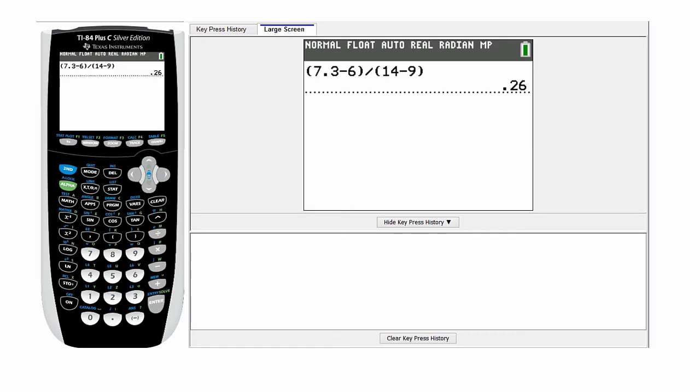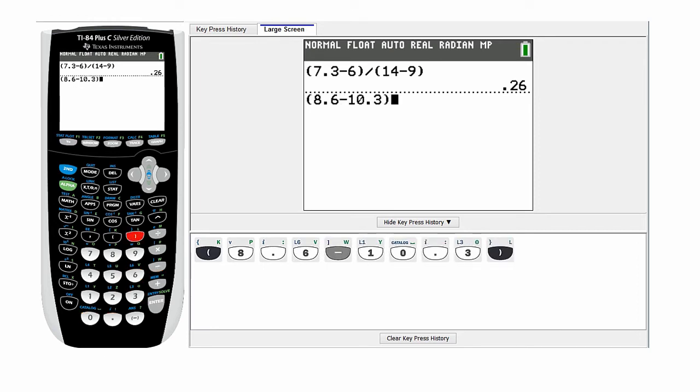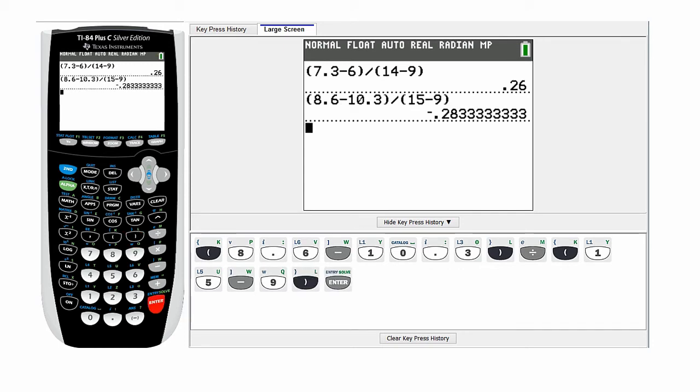Going back to my calculator, open parenthesis, 8.6 minus 10.3, close parenthesis, divide, open parenthesis, 15 minus 9, close parenthesis, enter. My answer is negative 0.283 repeating. Rounding to 2 decimal places, we have negative 0.28.